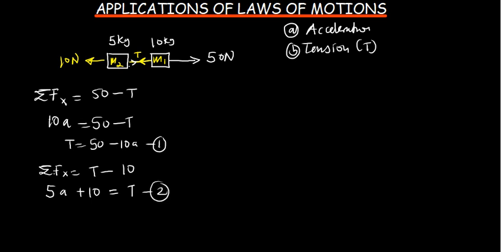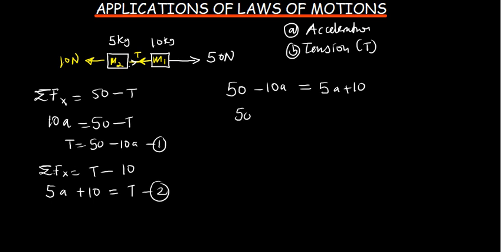So you can see tension is equal to this and tension is equal to that. So you can equate those two portions. So I'm going to say 50 minus 10a is equal to 5a plus 10. So take like terms to the same side. I'll take the 10 this side. I'll take also this 10a this side. So that will be 50 minus 10.